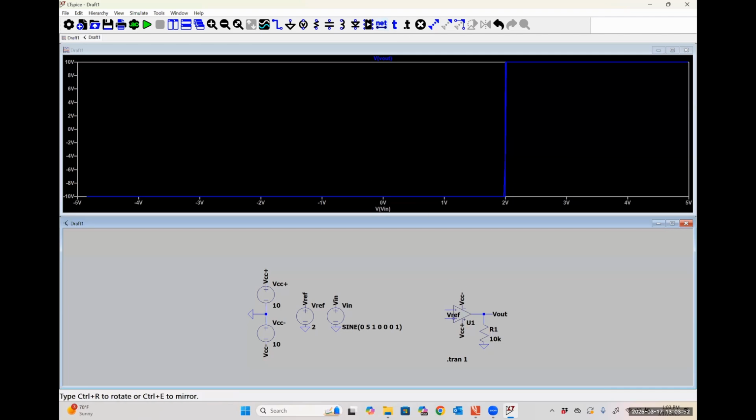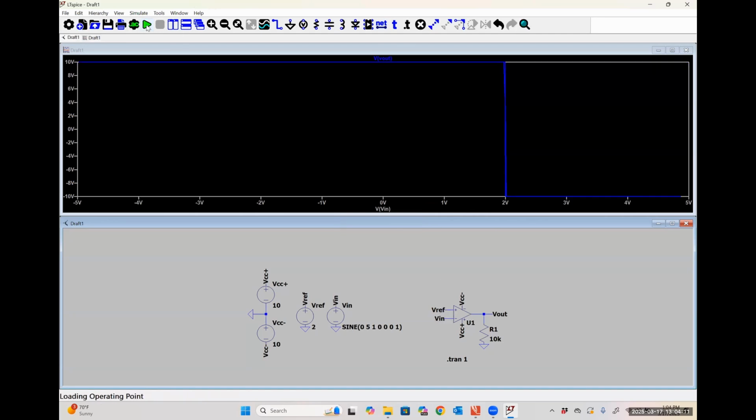If I put my reference voltage on the non-inverting side, and I put my input voltage on the inverting side, and I run my simulation, the graph swapped over. So essentially, whenever my input voltage is less than my reference voltage, now I get a high output. And whenever my input voltage is greater than my reference voltage, now I get a low output. And it's all because I've effectively swapped the sign on the VD from the previous example.